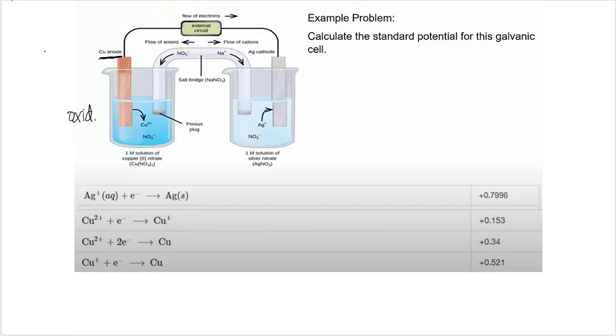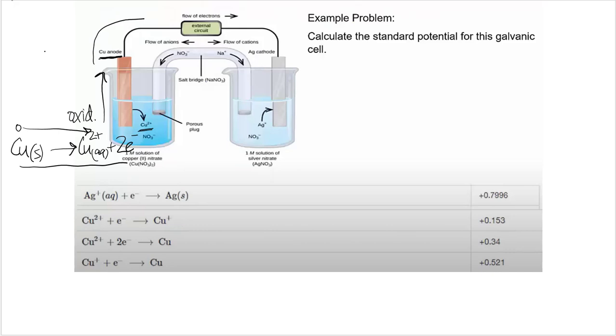So if I'm oxidizing, I'm starting with my solid copper, 0, and it's turning into my copper 2 plus ions. And if I have 2 plus ions, I need 2 electrons. So I just went from 0 to +2. Yep, it's oxidized. All right, there is my reaction happening.